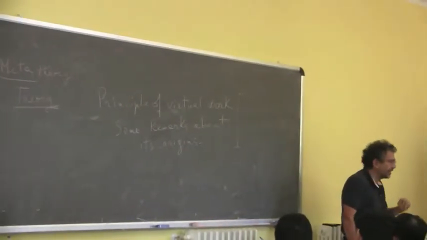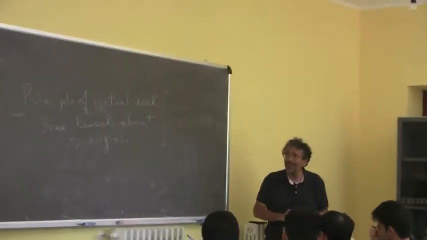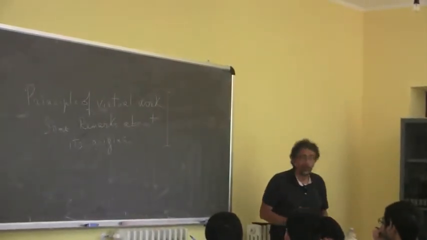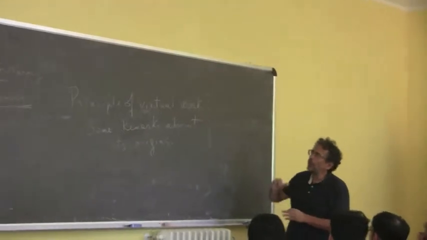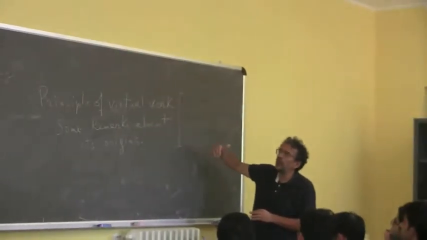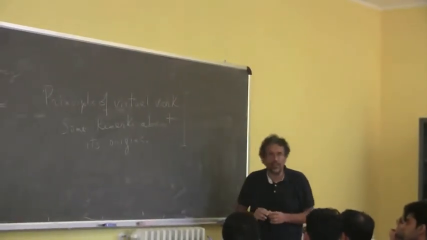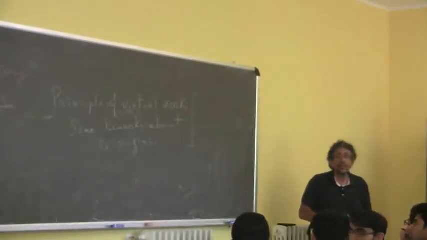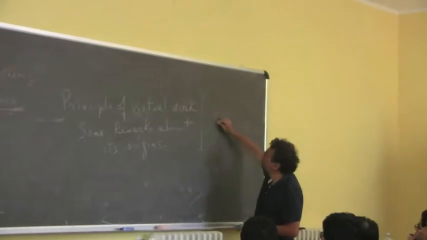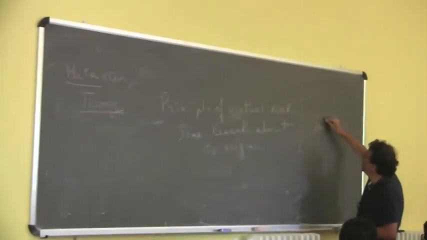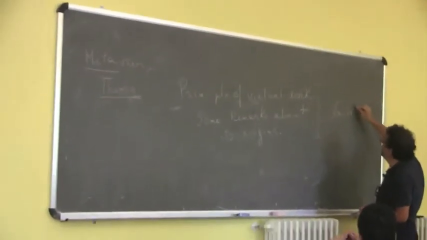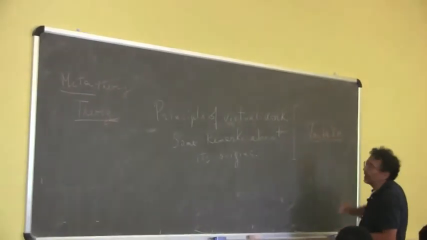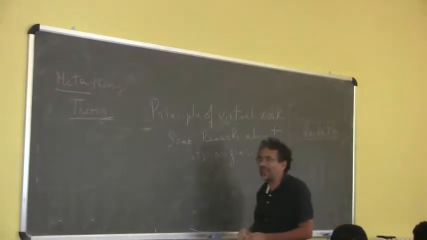We'll talk about this another time because today I want to be rather technical. Fabio will teach you more details about the principle of virtual work in some of the next lectures. Here I want to follow the presentation of an Italian historian of science, Vailati.